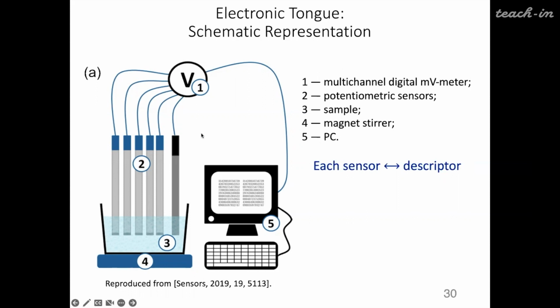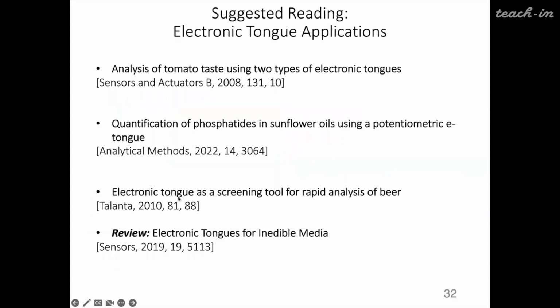So basically, we build a machine learning model that correlates signals from each sensor to the known concentrations. And such a device can be used to study many types of samples.